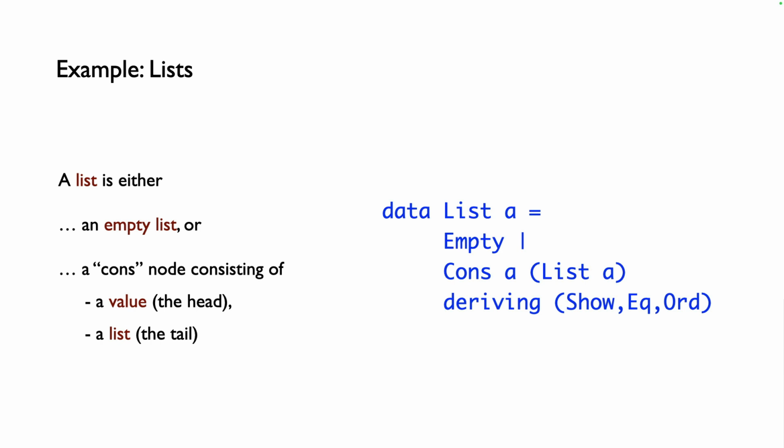We're saying List A here, so list is defined over any type A, and the elements are the empty list and then Cons of A, a value, and List of A, a list. So that's constructed in exactly the same way that ordinary lists are.